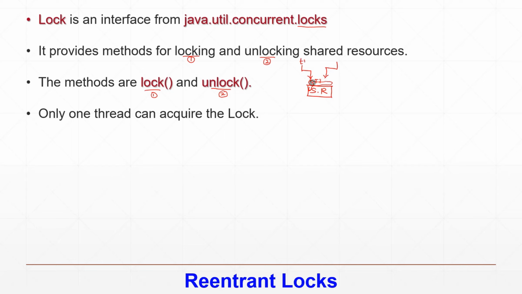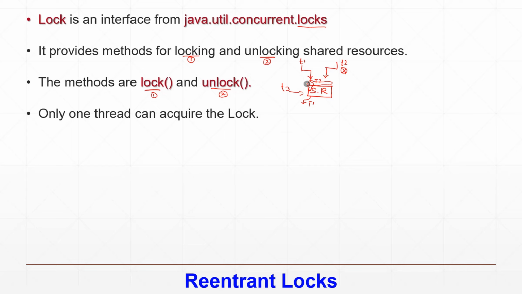So T1 is using the shared resource and T2 is blocked here. Once T1 comes out of using it, then T2 will acquire the lock, and another thread, T3, will wait. Even if T1 tries to come inside, it will wait because T2 acquired the lock.